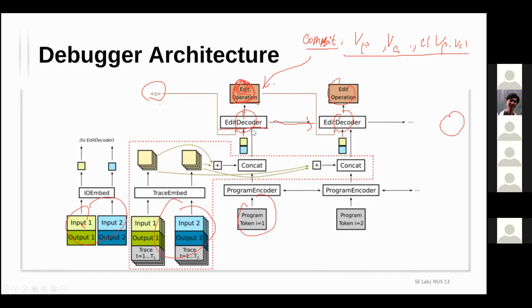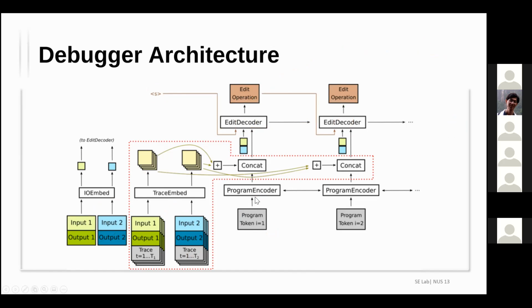It would be very helpful if we can go into their code. Is it open source? It's not open source. I can't find their code online. Okay. So I'm very interested in how the trace will be used here and how the trace will be embedded. Think about it, when we have a trace, the trace is actually a sequence of instructions executed.